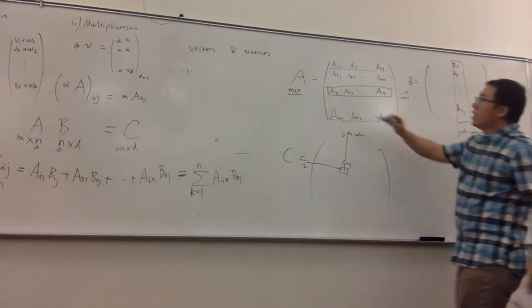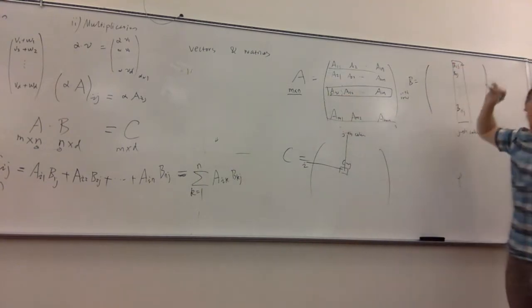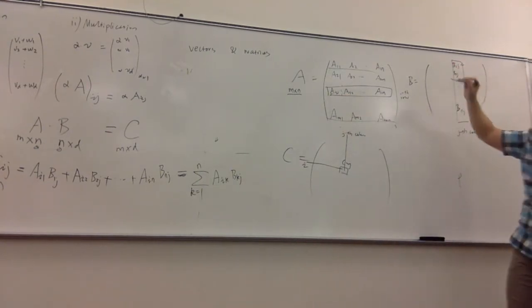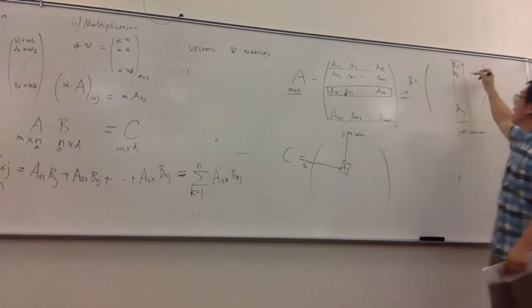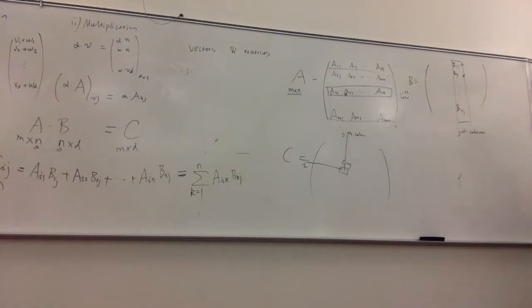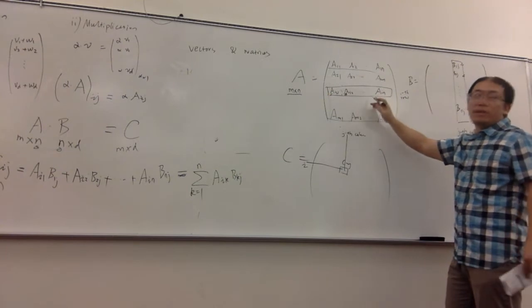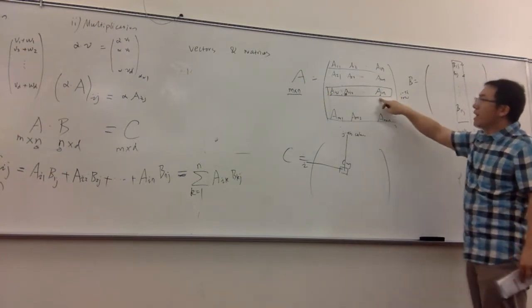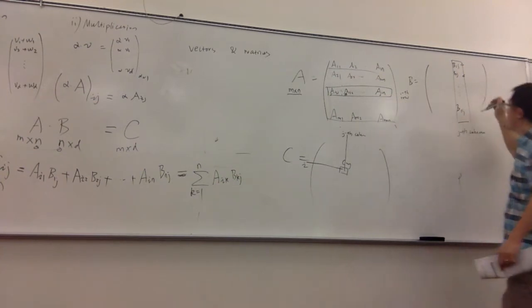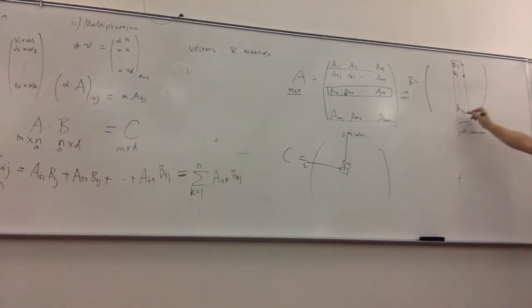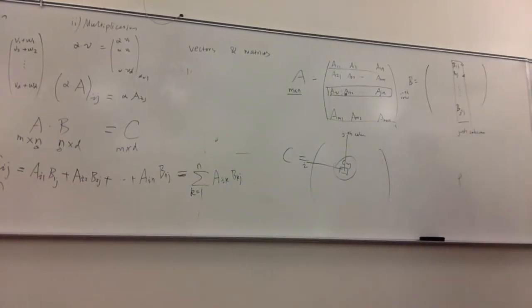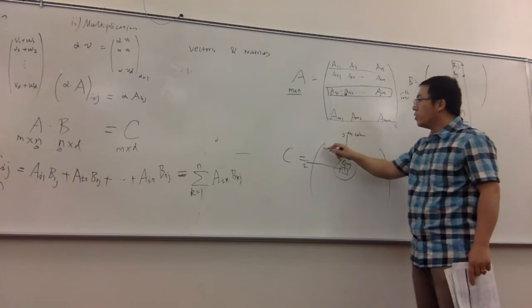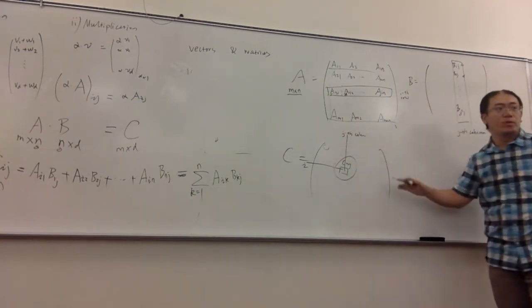And the calculation is that we multiply Ai1 with B1j, the first elements, their element-wise multiplication, and add the multiplication between the second element in the ith row and the second element in the jth column. And we do this continuously until we reach the last element in the ith row of A, Ain, multiplied with the last element in the jth column in B, and add them together. We'll end up with Cij. And we can repeat this computation to enumerate every element in this result product matrix.